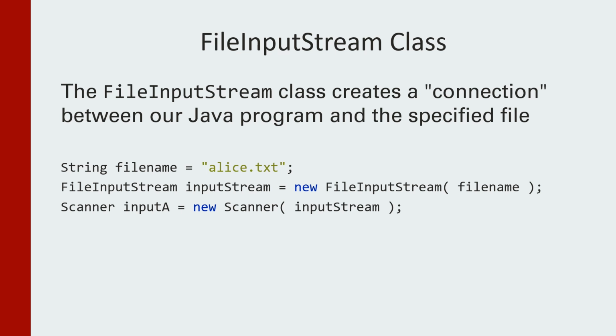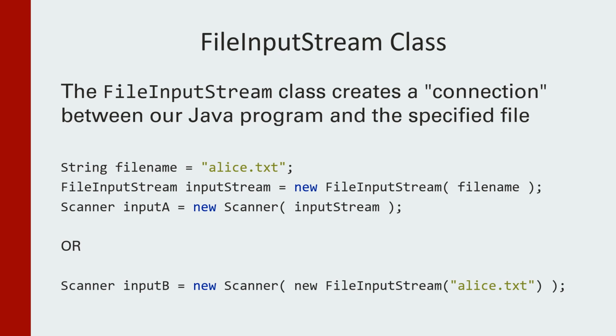It's usually best to do this in 3 separate lines so we can really see what's going on: I have my file name, my FileInputStream, and my Scanner. You can, of course, put this all in one line if you so desire, but it's not quite as easy to read.